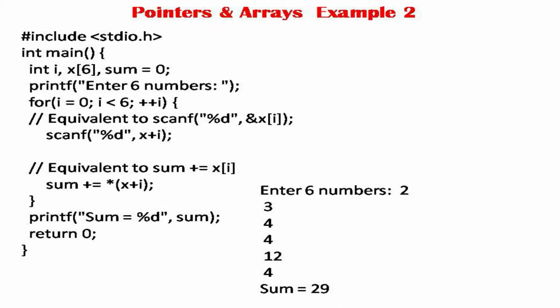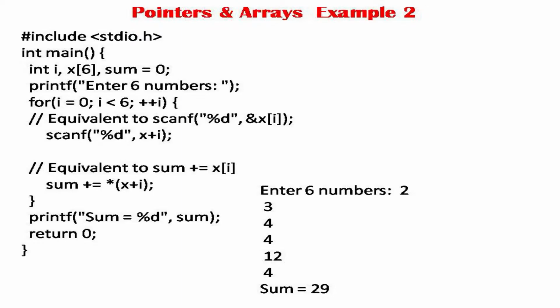When you are saying scanf, you are saying %d comma x plus i, where i starts with 0 and goes up to 5. The statement we are more familiar with is scanf %d comma ampersand x of i. Same as saying scanf %d comma x plus i.